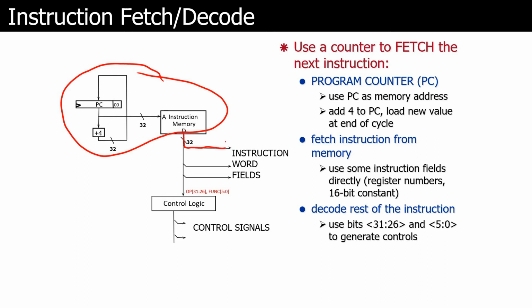So that'll go in here. So this is all of the registers and stuff we're going to do with them. And then all of your control bits, such as the opcode and the function code at the end for R-type instructions, are going to go into our control logic and dictate what operation we're actually going to do.